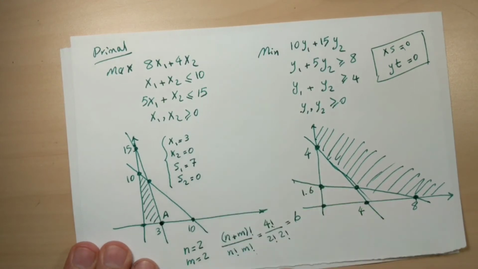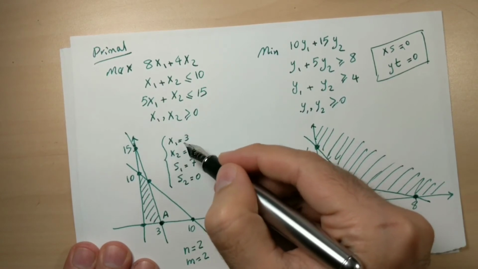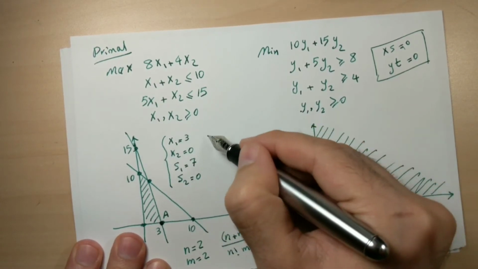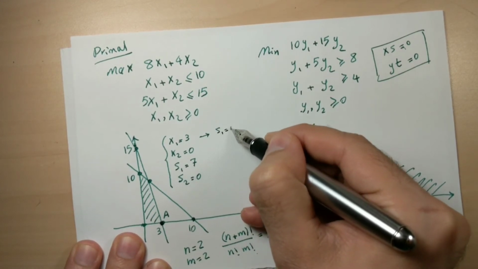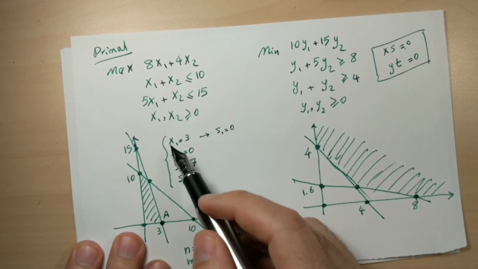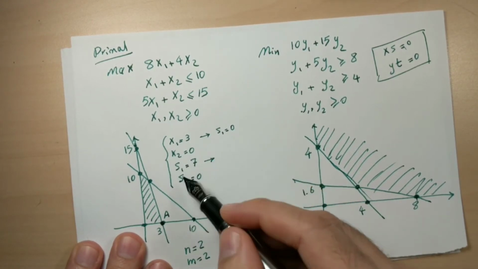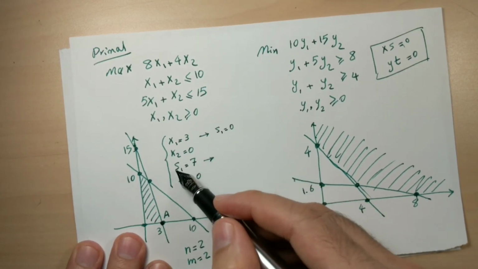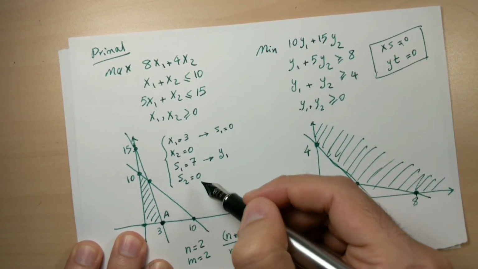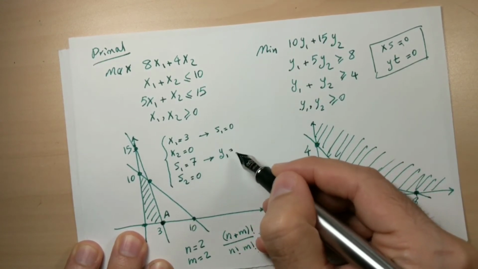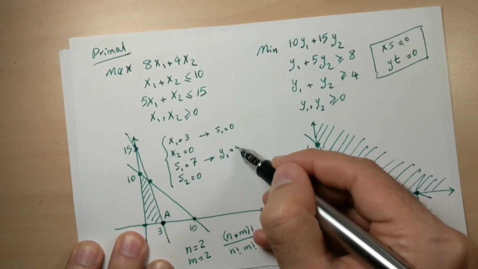Since x1 is 3, which is something positive, we have the relationship xt equals 0, so I can conclude that t1 definitely is 0, because the multiplication should be 0. Here also s1 is 7, so the corresponding variable to this s1, y1, should be 0.